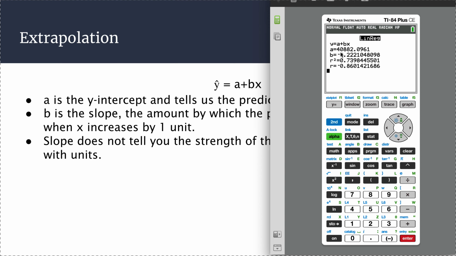Interpreting slopes in context is really useful. This tells us that the value of our truck changes by 22 cents for every mile driven. Because remember, slope is the change in the y value over the change in the x value. So the change in the y value is price, dollars, divided by the change in the miles. So it's 22 cents lost every mile.